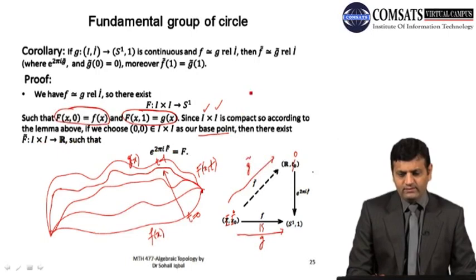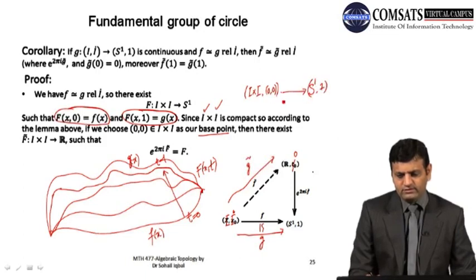In the above lemma, I can take this X to be any compact convex set, and in particular I can take it to be I cross I, and I can take the marked point or base point to be (0, 0), and this is a function from this space to S1.